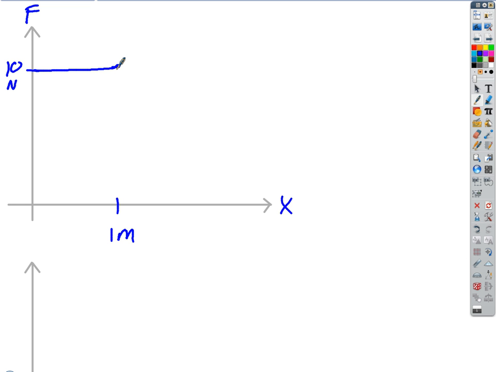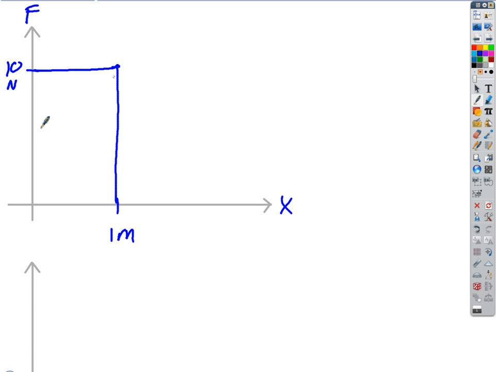Do you see something geometrical about the story we just told that would give us the answer of 10 joules? The area of that rectangle, right? If you think about it, it's a rectangle, and rectangular area is very easy to calculate, isn't it? It's just height times width, right?